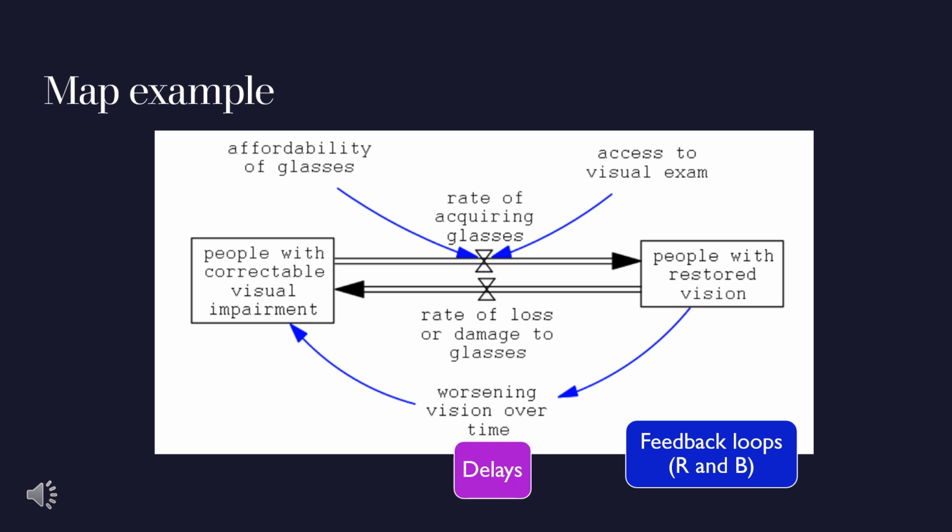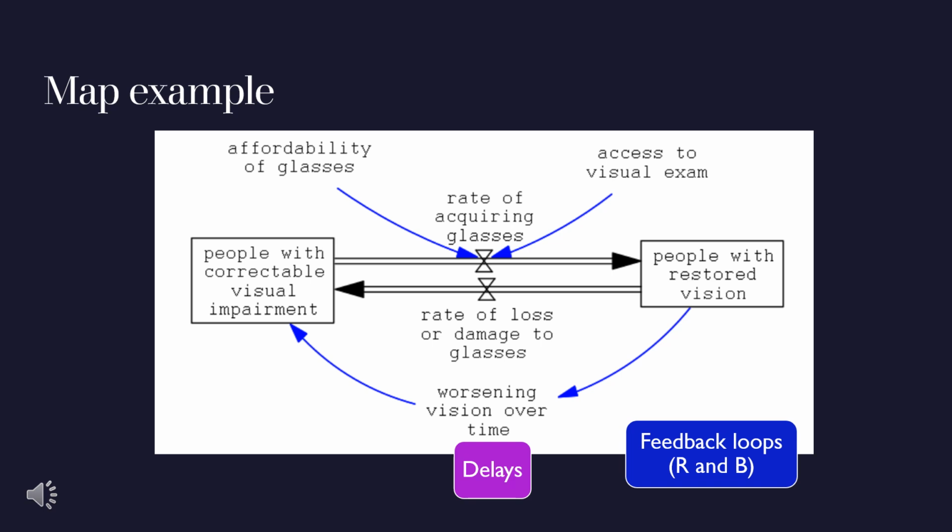So over that time period, they have also moved into the stock of people with correctable visual impairment as their vision has declined over time. Glasses could be lost or damaged immediately after receiving them, within a couple of weeks, or over several years there can just be a natural decline. That will represent a delay in the system as well.